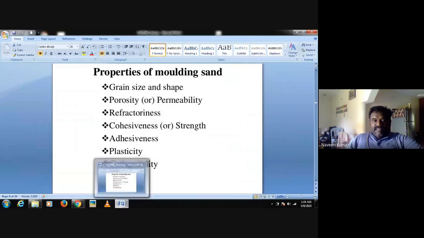Next, take subheading properties of molding sand. Properties of molding sand.